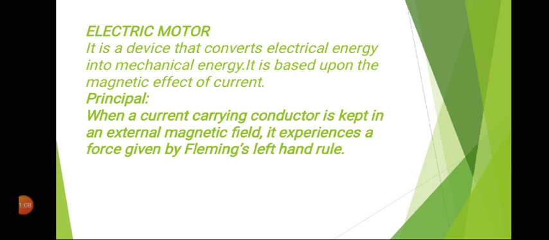Okay, so it is a type of device which is used to convert one form of energy into the other form of energy, that is electrical energy into mechanical energy. This motor is based upon the magnetic effect of current. And students, I told you in the last video what is the magnetic effect of electric current.